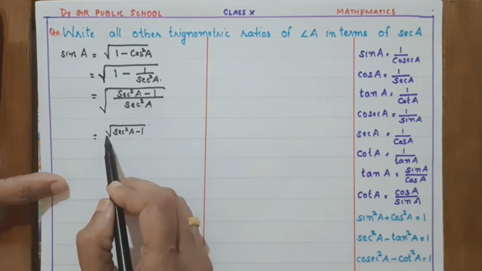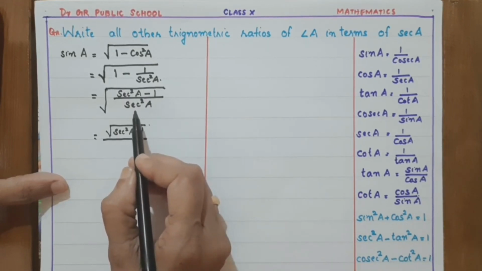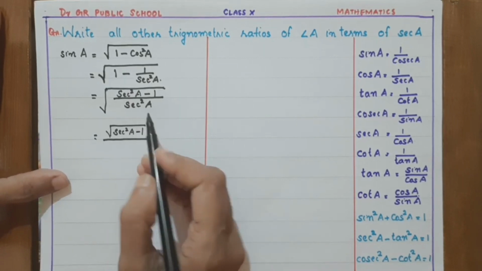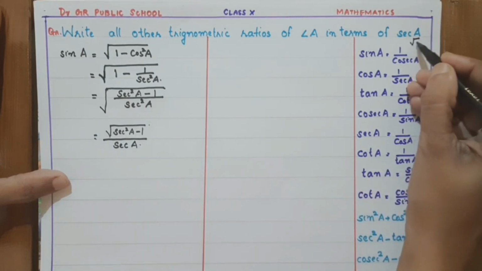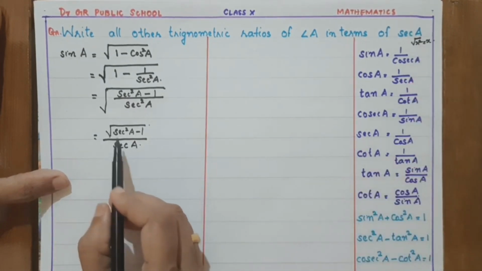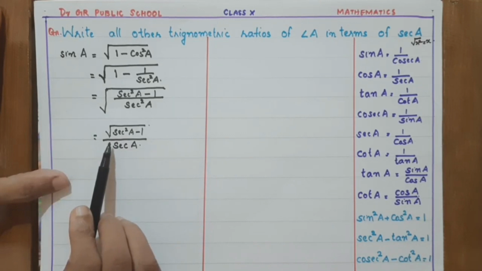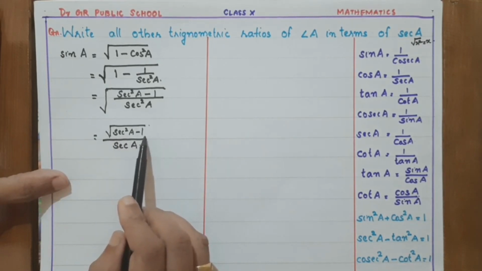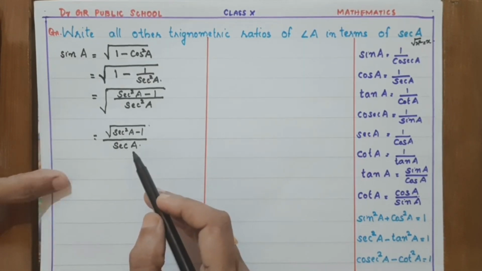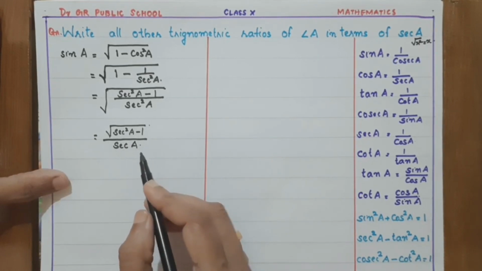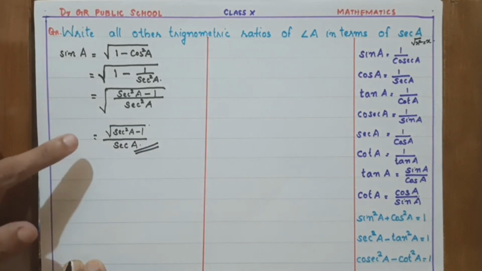We write it as it is, square root of sec square A minus 1, by the square root of sec square A. What is the square root of x square? x. So the square root of sec square A is sec A. Now see children, sin A is equal to square root of sec square A minus 1 by sec A. We wrote sin A in terms of sec A, isn't it? So this is the first one. We have expressed sin A in terms of sec A.